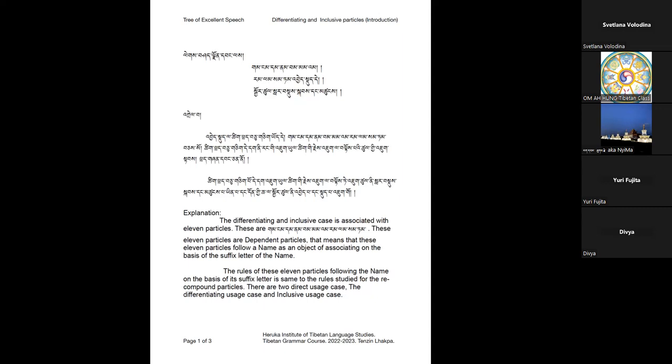So on the basis of these things, the 11 particles are associated with their respective name, and thus these are known as dependent particles.